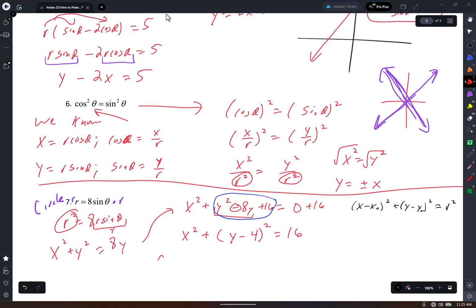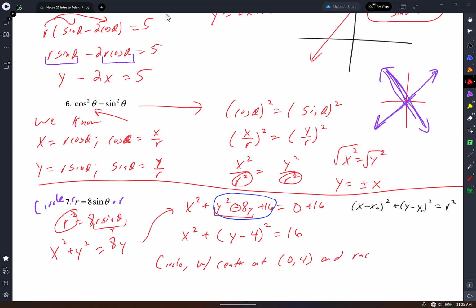So it's a circle. Circle with center at 0, 4 and radius of 4. R squared equals 16, so r equals 4.